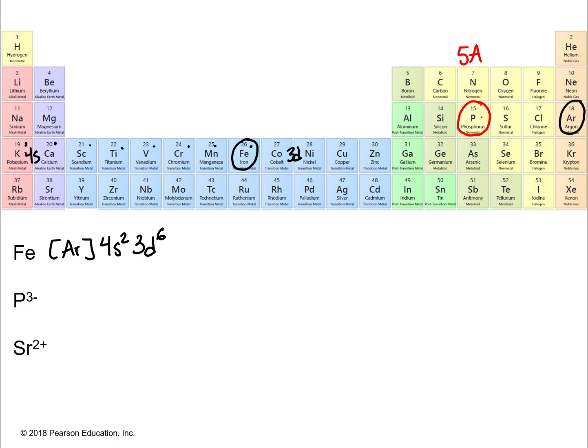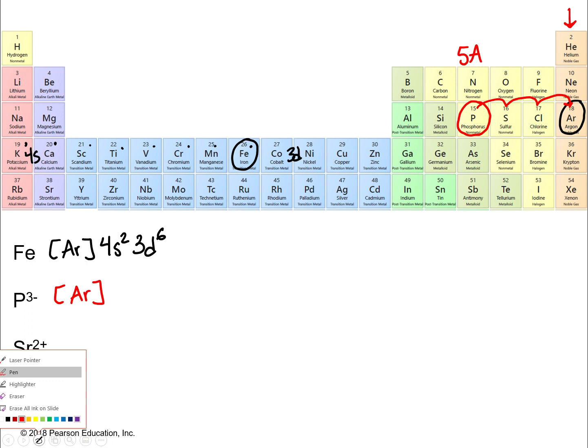It's going to look like the noble gas in its row. And remember, these are the noble gases. So we're going to jump 1, 2, 3 to argon. If you add 3 more electrons, that's a total of 18 electrons, which means that P3 minus looks like argon.